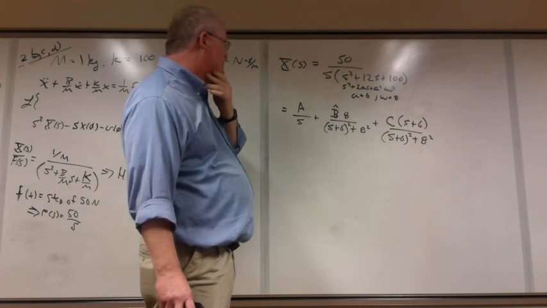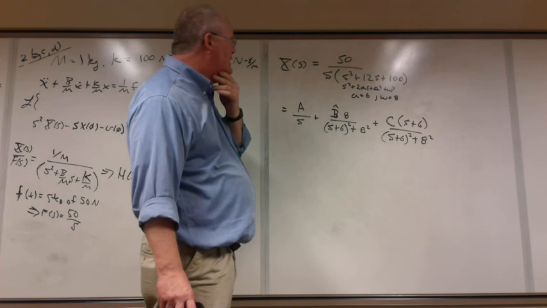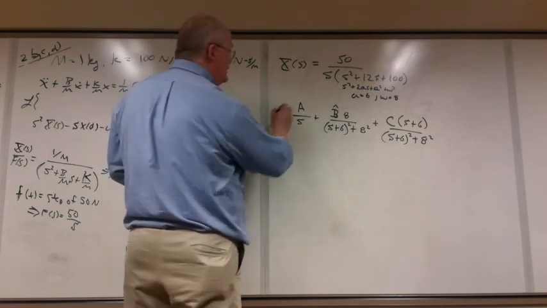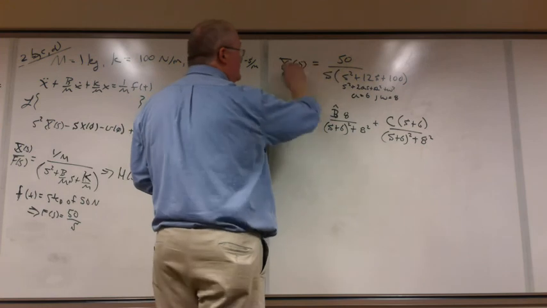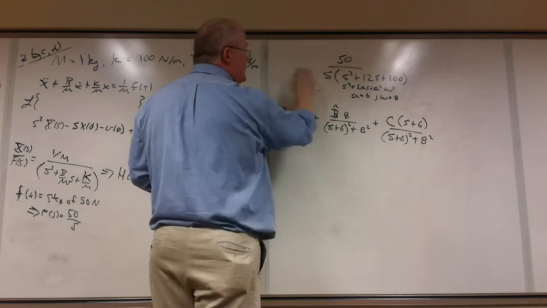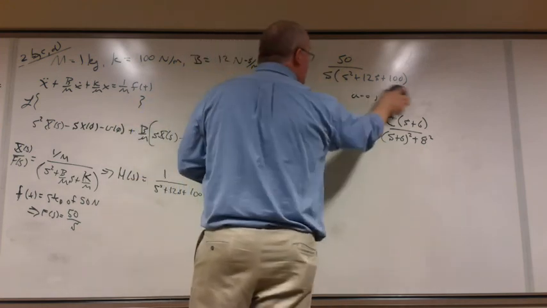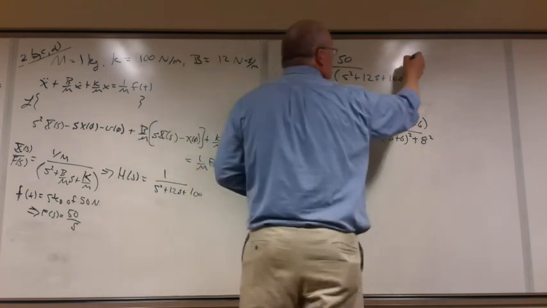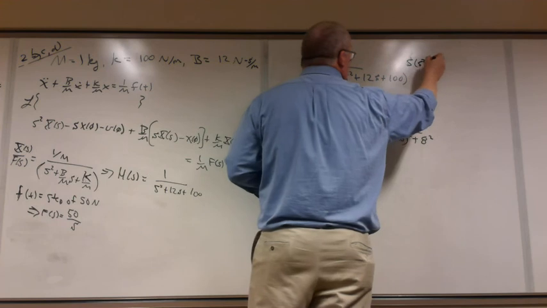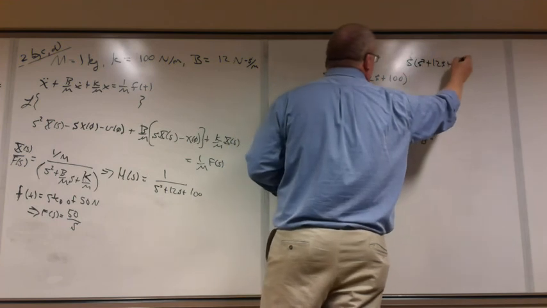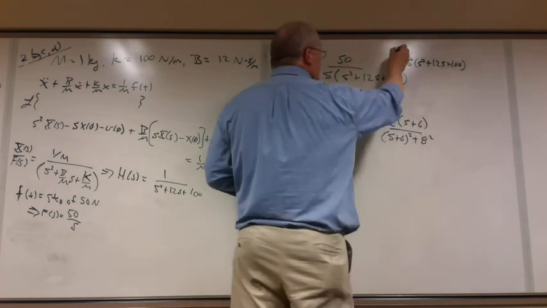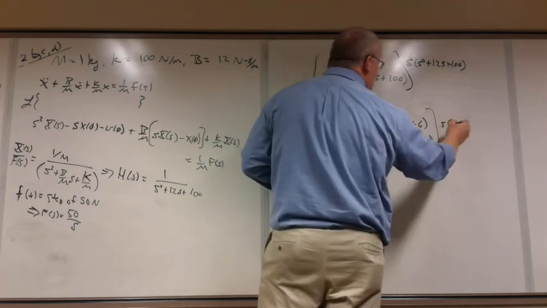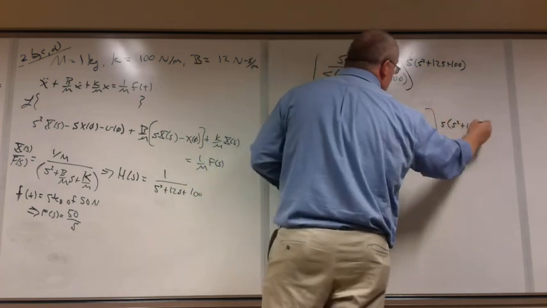Is that the best way to do it? Yeah, pretty much that's the best way to do it. So what we have is, if we multiply this, so I'm going to erase that for a second, this function is equal to this. Multiply this by s times s squared plus 12s plus 100, okay? And it's the same as all this times s squared plus 12s plus 100.